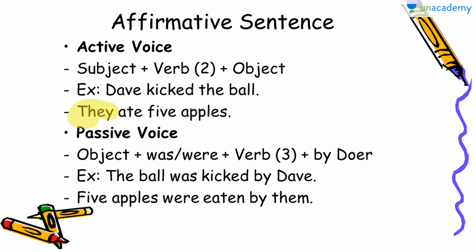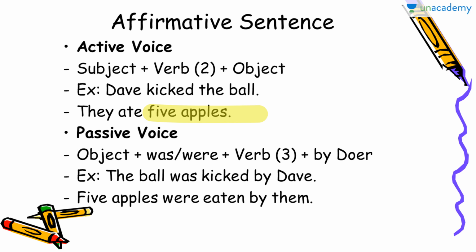So it starts with they, who is a group of people acting as subject in this sentence. Then the second form of eat, which is ate, and then 5 apples, that is the object over here. Now this is one of the very simple formats, because in past tense we can use the same form of verb whether we are using it with a singular noun or with a plural noun.